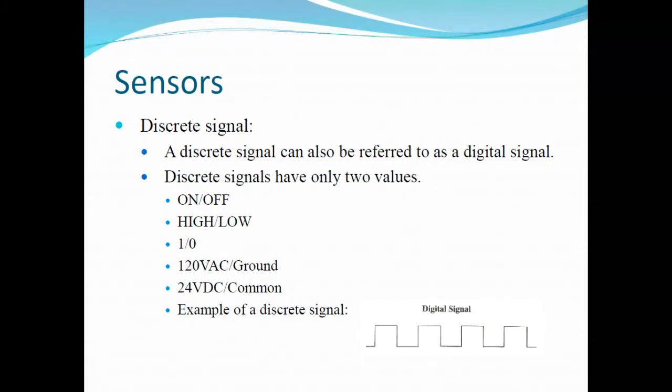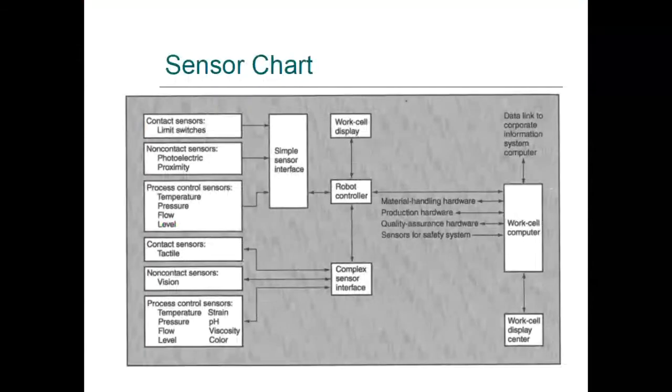Typically, for industrial applications, we have AC sensors that would output 120 volts. So when the object was there, it would send 120 volts into the digital input card within the controller. On the other hand, if it's a DC signal, typically at industrial levels, we use 24 volts. Okay, so those for industrial applications are the most common.